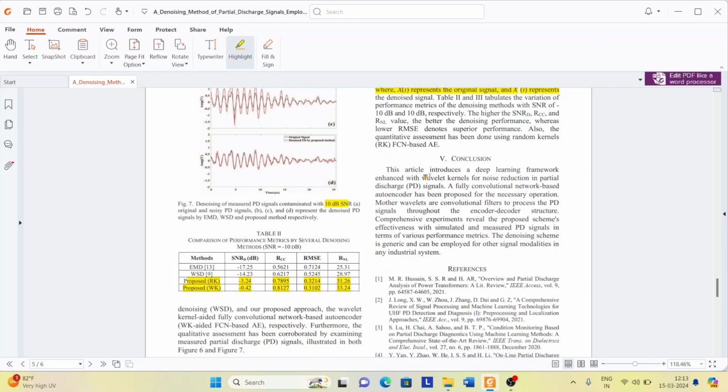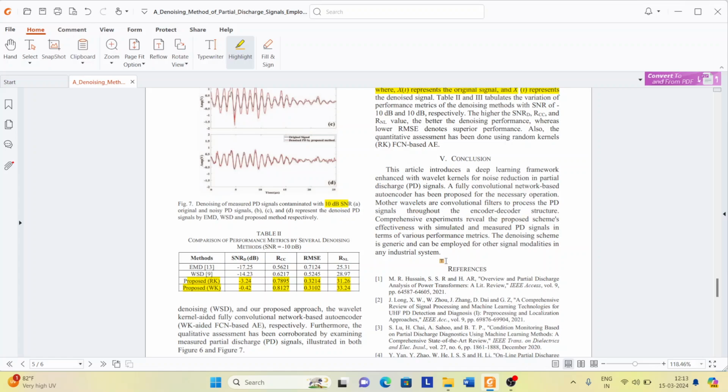In the conclusion, this article introduces a deep learning framework to enhance the wavelet kernels for noise reduction in partial discharge signals. A fully convolutional network, an autoencoder, has been proposed for the necessary operations. Mother wavelets are the convolutional filters to process the partial discharge signals throughout the autoencoder decoder structure.